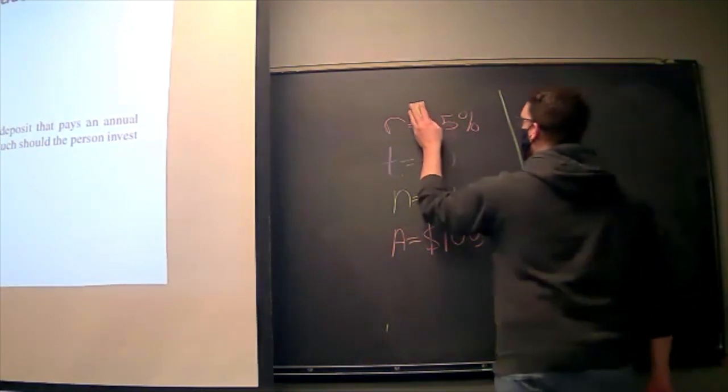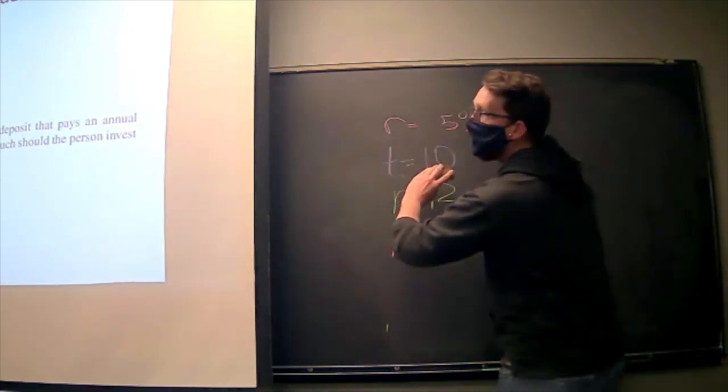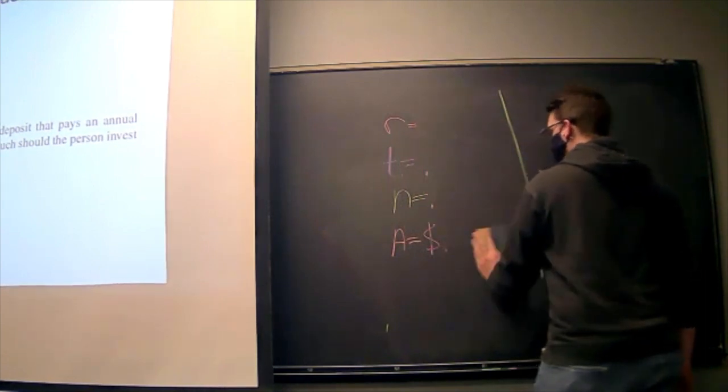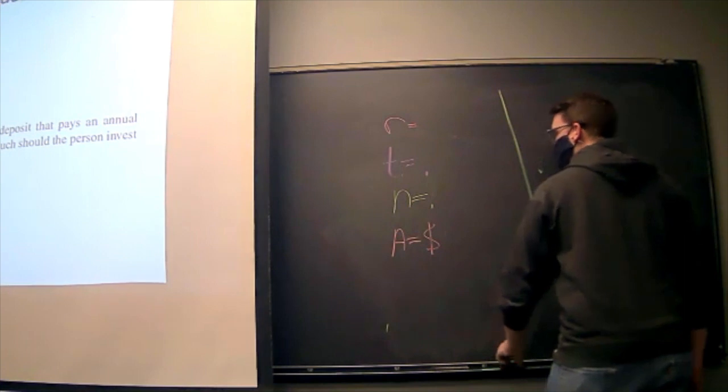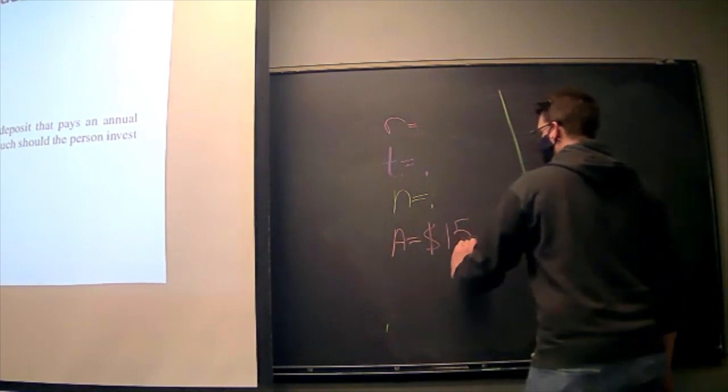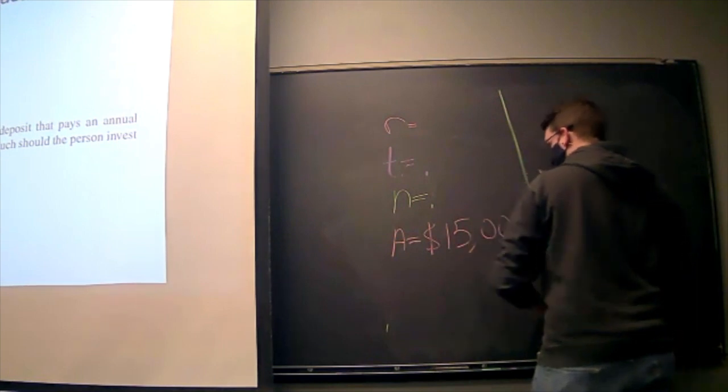All right, so in our example, numbers change a little bit. $15,000 at maturity.